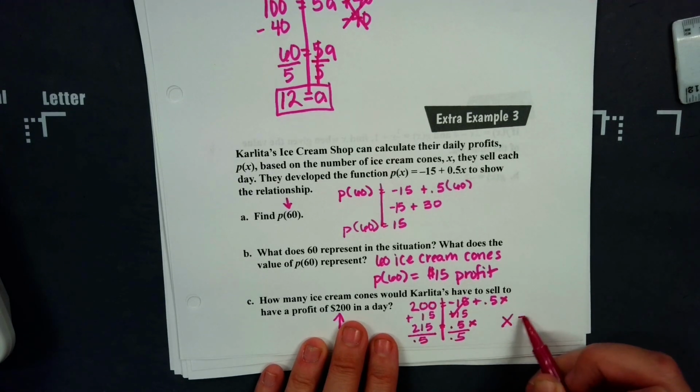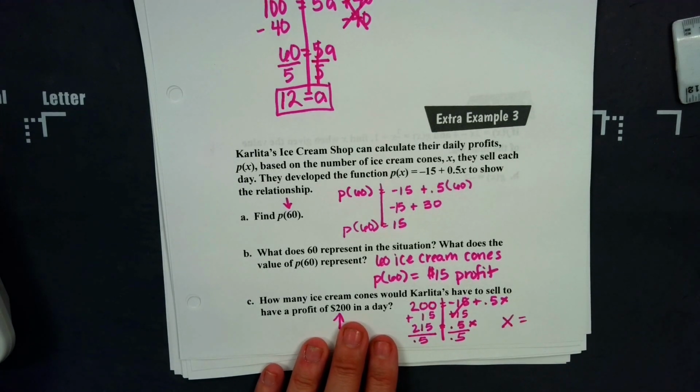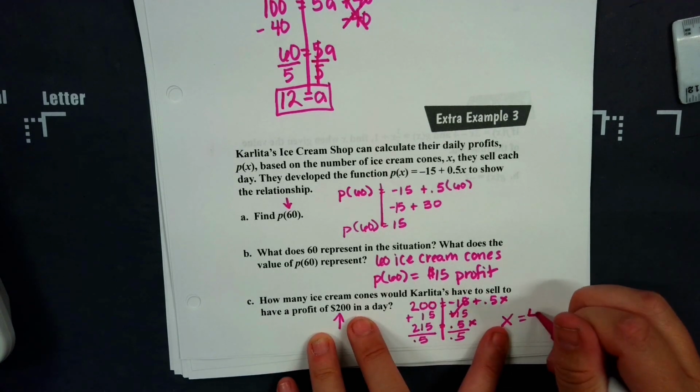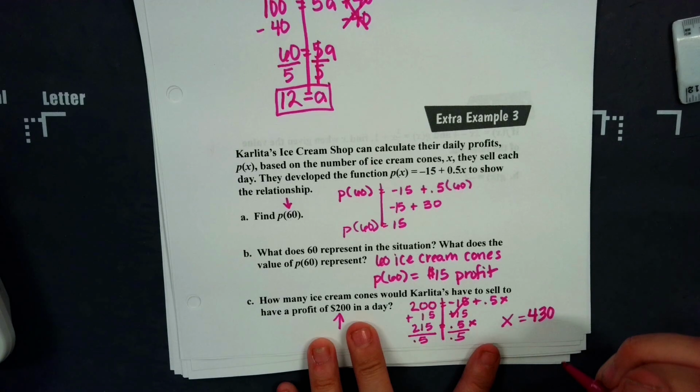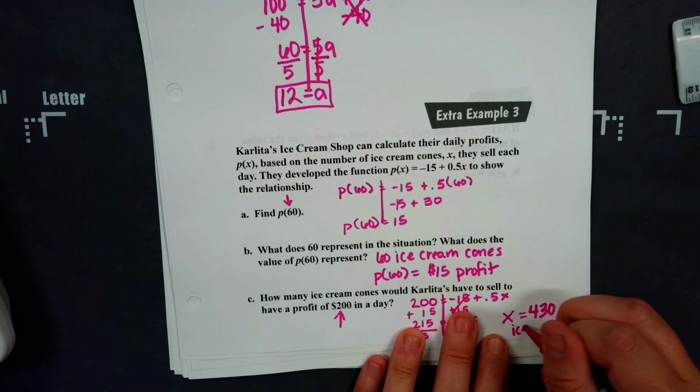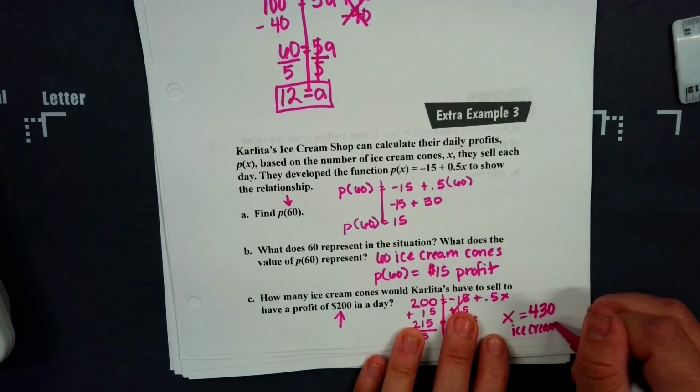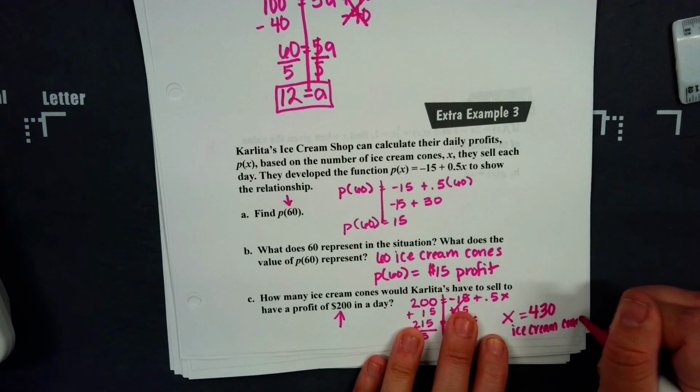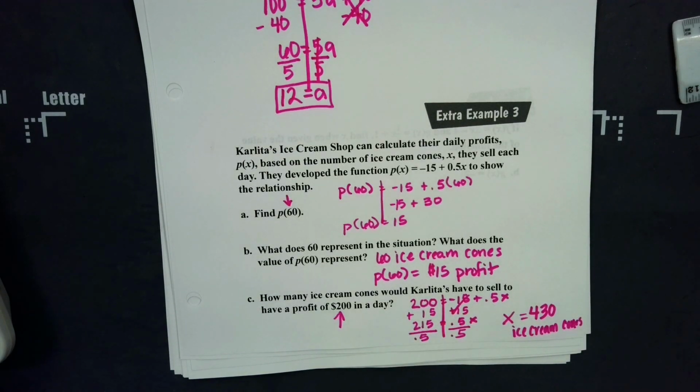So I would have to sell 430 ice cream cones in order to make a profit of $200. Now, 60 ice cream cones, that's a lot, right? Isn't that crazy?